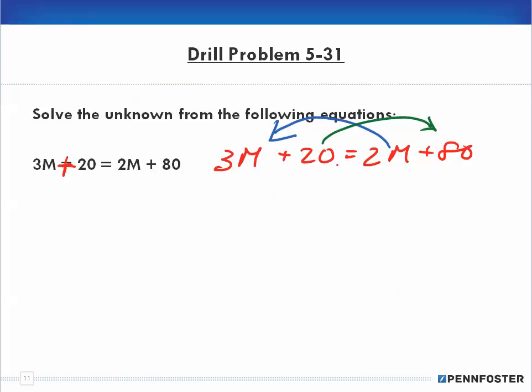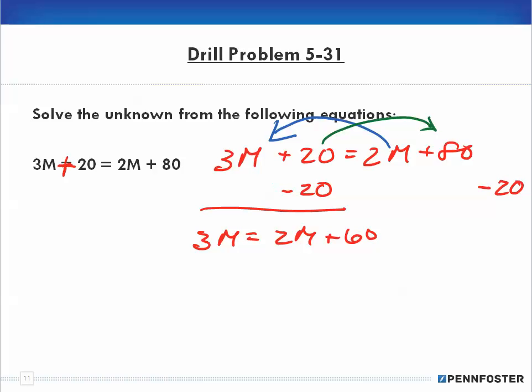Now, I could do it like this by saying, okay, minus 20, whatever I do on the left, I have to do on the right. And I can then end up with 3m is equal to 2m, and a plus 80 minus 20 is a plus 60.